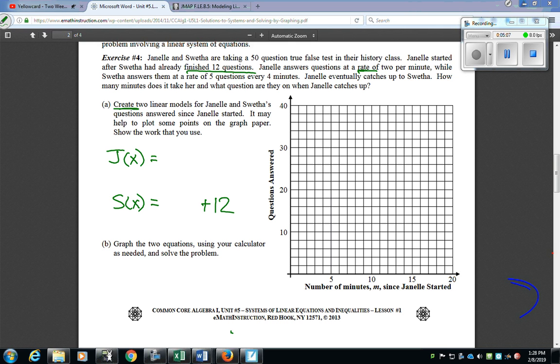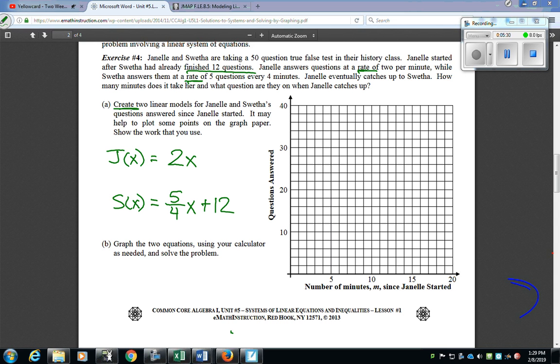So Janelle is doing 2 questions a minute, in this case 2x, while Swetha answers them at a rate, again slope, rate of change, of 5 questions every 4 minutes. So that would be the fraction 5 over 4. So these would be our equations for Janelle and Swetha.